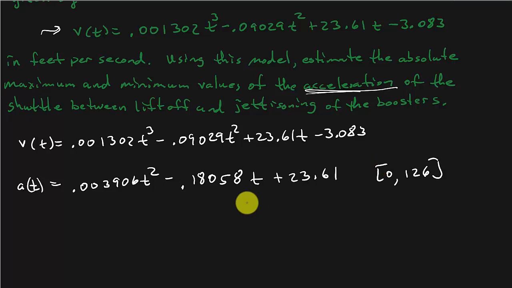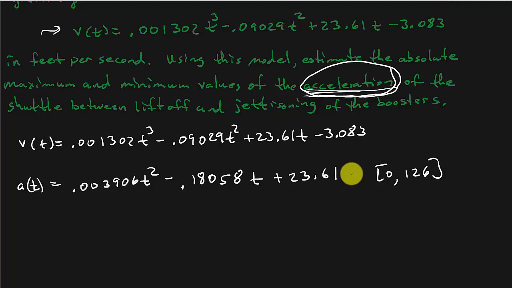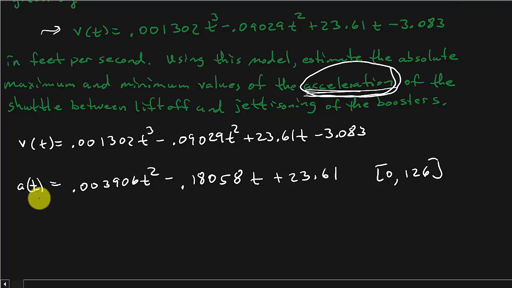And why is that? Read what the problem says. It says, using this model, estimate the absolute maximum and minimum values of the acceleration. So we want to know the maximum and minimum values of the acceleration function.